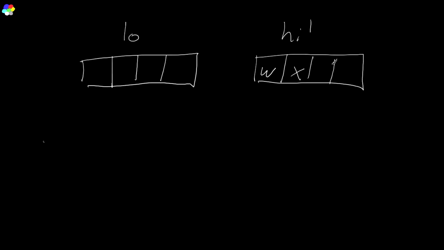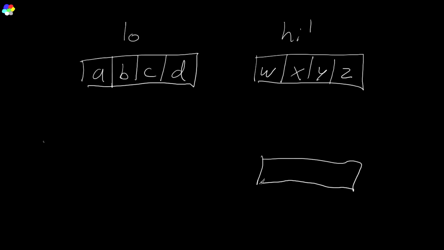W, X, Y, Z, A, B, C, D. So we want to shift this one in here. What we're going to do is, first thing here, we're going to take the carry value, which is this value. This is what's going to be shifted out of high and into low. It's the carry.